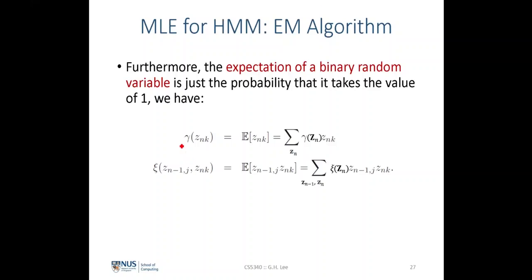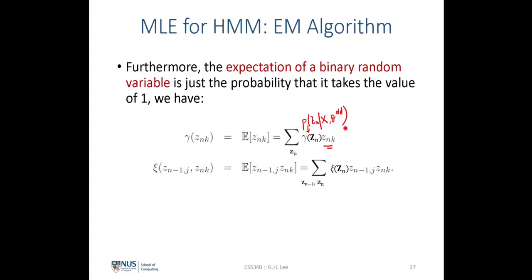So we can see that this expectation of z_nk is equivalent to the marginalization over z_n of the posterior distribution, multiplied by the random variable z_nk.